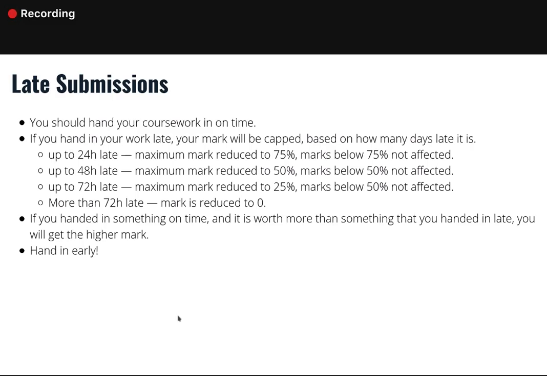Speaking of after the deadline, what is our late policy? So you should be aiming to hand everything in on time, but our school generally goes with a policy of capping your mark, or setting the maximum mark, within each 1 day late.